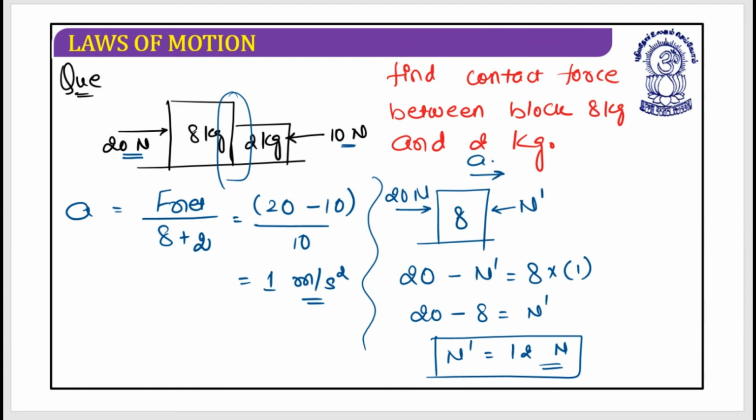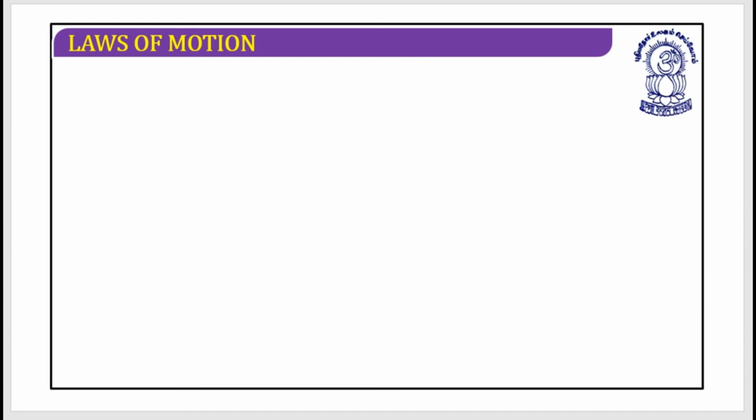Now it is possible that you have tried it with the 2 kg block. Even then the answer would be the same. How? Let's have a look. Let's suppose you have chosen the 2 kg block, and this is the 10 Newton force. Now the 8 kg block will apply a normal force on this, which I have named n dash.